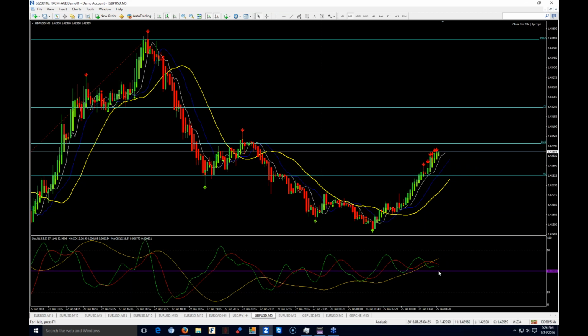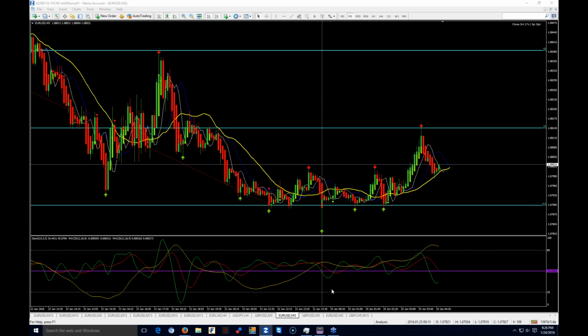But that thing is ready to turn around. So simple. There we go, just bounced off. As I stated, what it's going to do, play around these ranges.